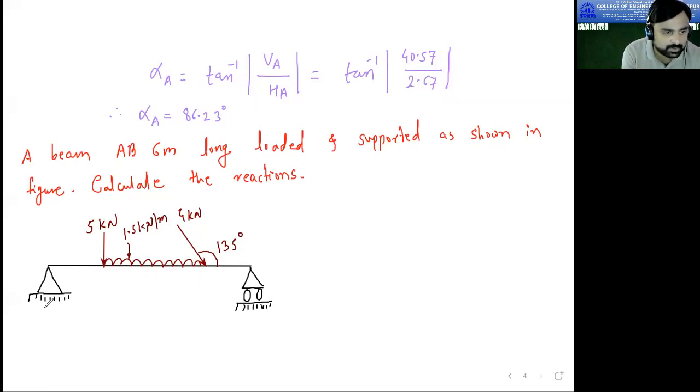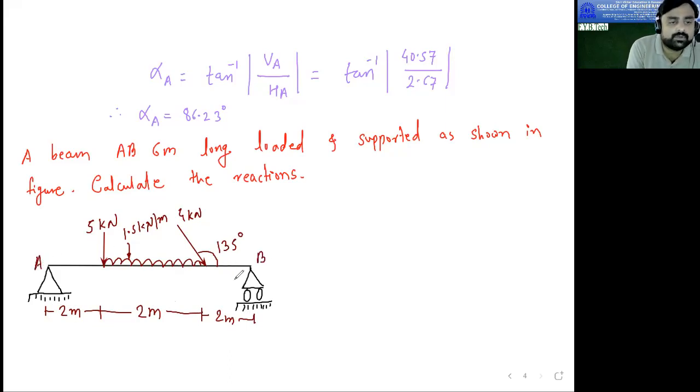And the distances are 2 meter, and this is also 2 meter. These are the given distances. This is the point A, this is B. And we need to find out the reactions.